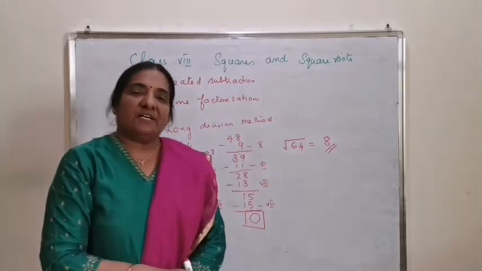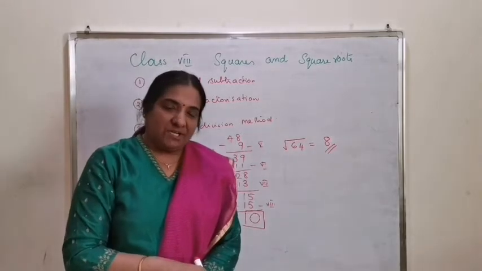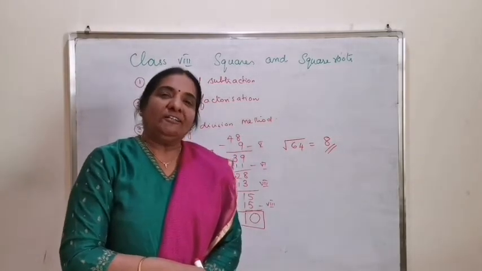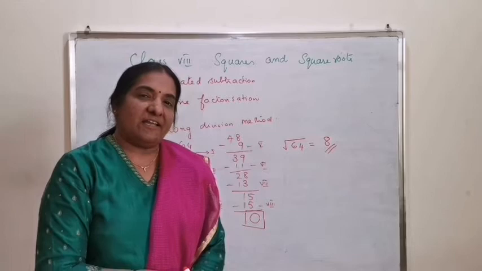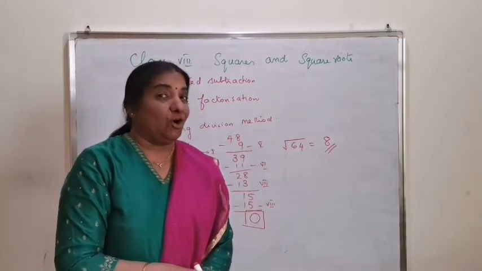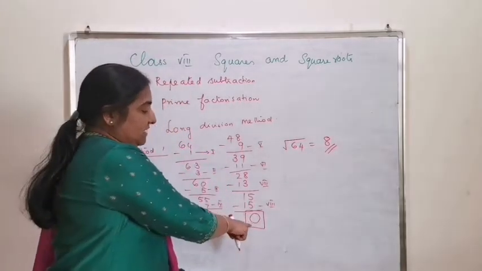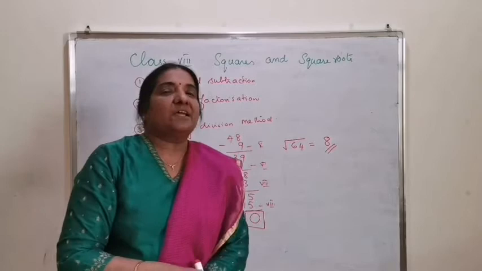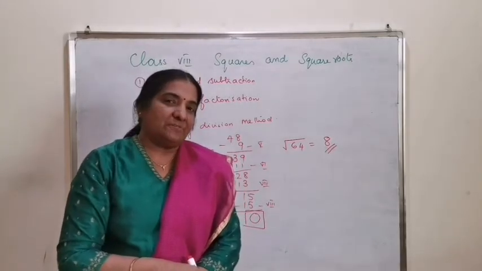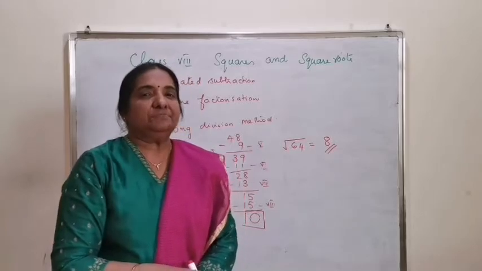Thus, the first method of repeated subtraction is by subtracting the odd numbers 1, 3, 5, 7, 9, 11, 13, etc. in order till you get the difference as 0. Count the number of times you have subtracted. That will give you the square root of the number.